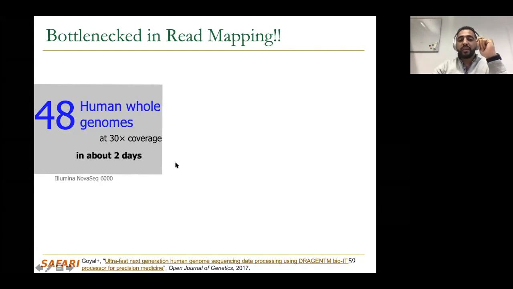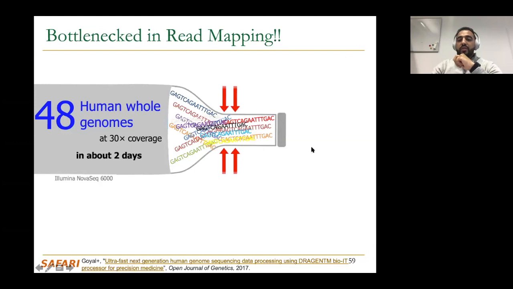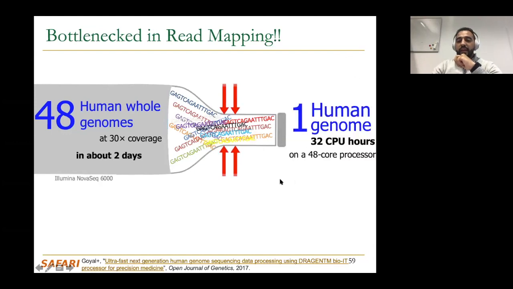But how about the software used to solve read mapping, what we call the puzzle solving step? Unfortunately, we are bottlenecked in these algorithms, because processing the read set for a single human genome takes about 32 CPU hours on a 48 core processor. So it sounds really heavy.